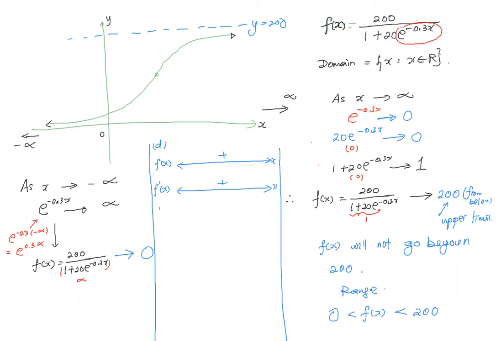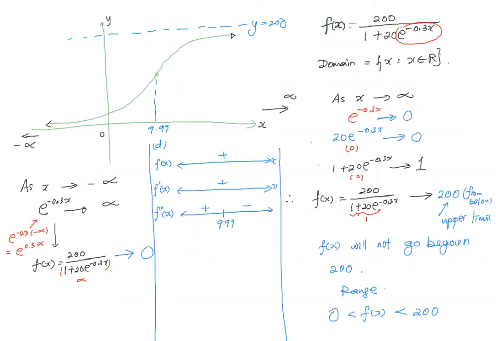But your f''(x), there is an inflection point at 9.99, correct? So I have to mark here 9.99. And here is concave upward, so it's positive, and here is negative.